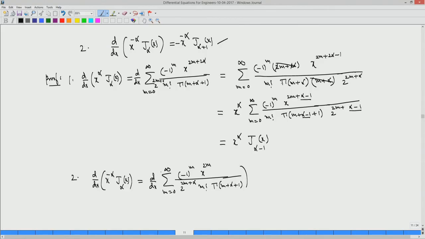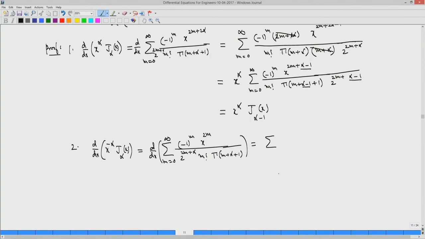Okay, so this you have to differentiate. If you differentiate, the m equal to 0 term goes. So, what you are left with is only m from 1 to infinity of minus 1 power m 2m x power 2m minus 1 divided by 2 power 2m plus alpha m factorial gamma of m plus alpha plus 1.